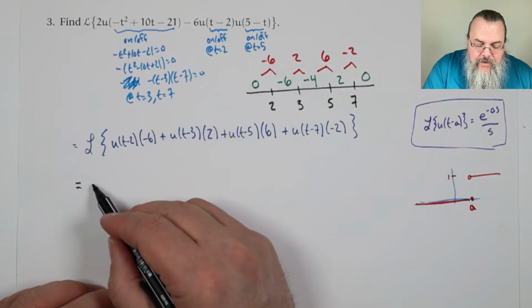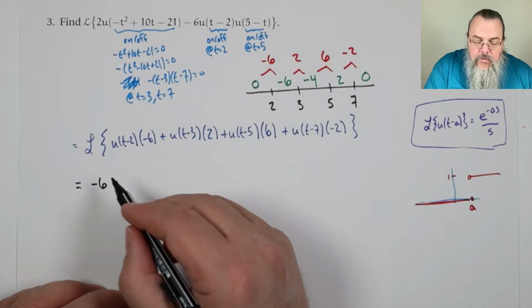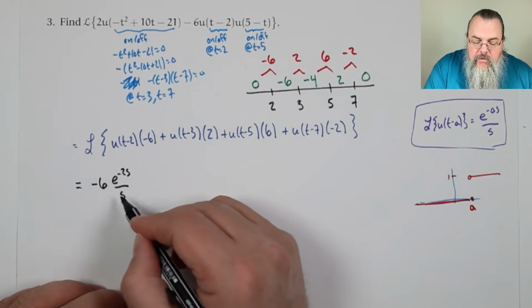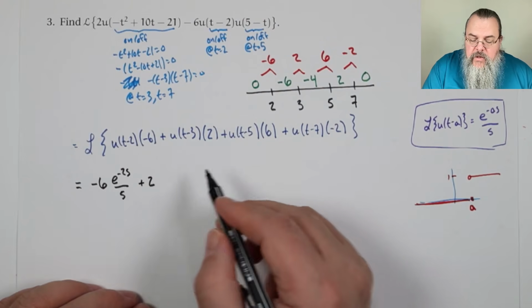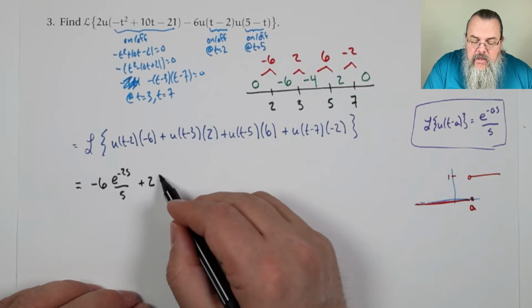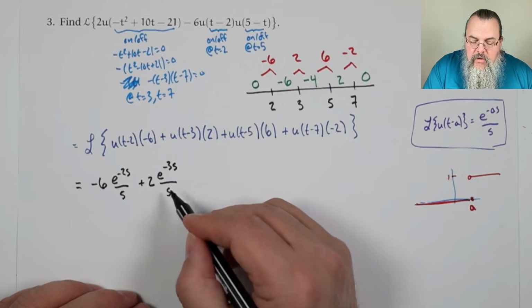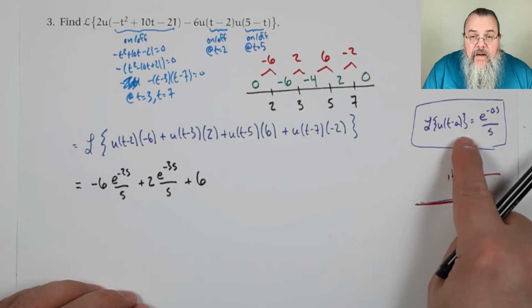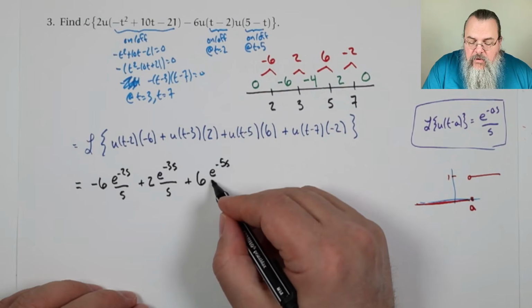So we have negative 6 u of t minus 2, which would be e to the minus 2s over s. And then we have plus 2 u of t minus 3, e to the minus 3s over s. Plus 6 u of t minus 5, e to the minus 5s over s.